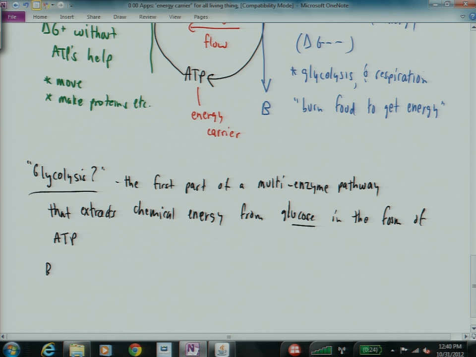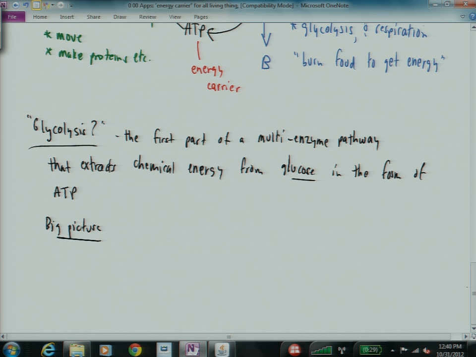So the big picture is what we're concerned about. Is that the glycolysis is part of cellular respiration. And we're going to talk about that in a big way on Friday.